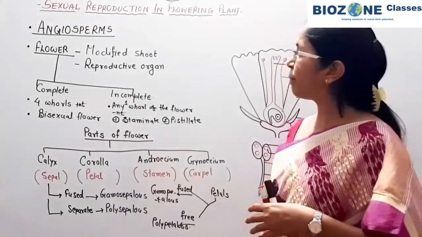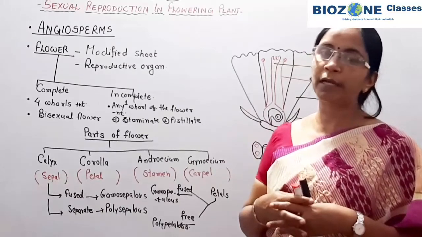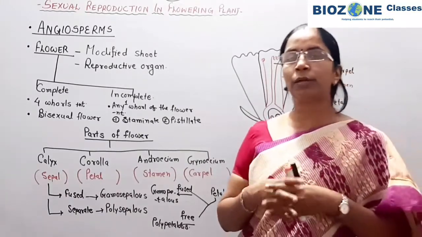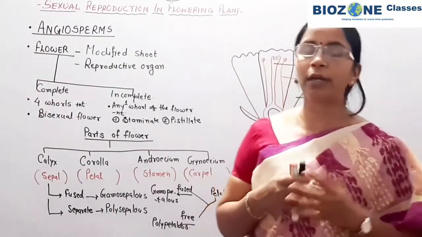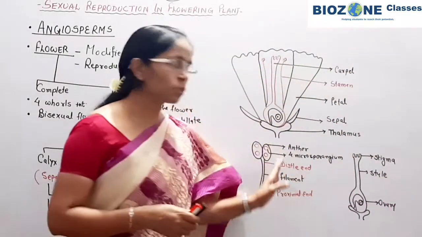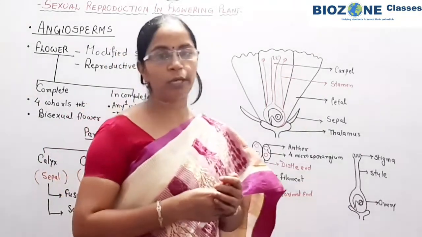So this much you remember for the flower, and in the next session we will begin from the androecium, the structure of the anther, because now you already know the structure of the stamen. So this much you remember for today's session.